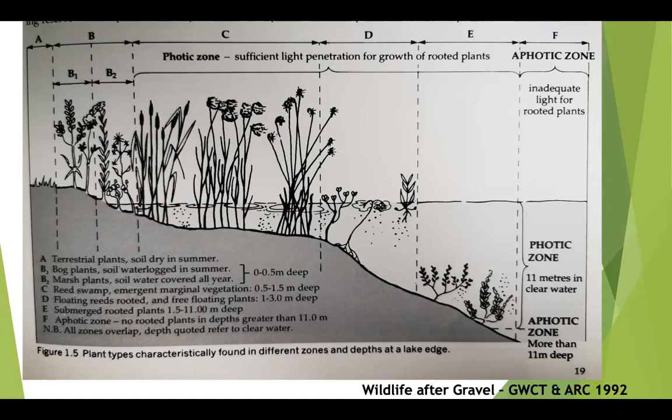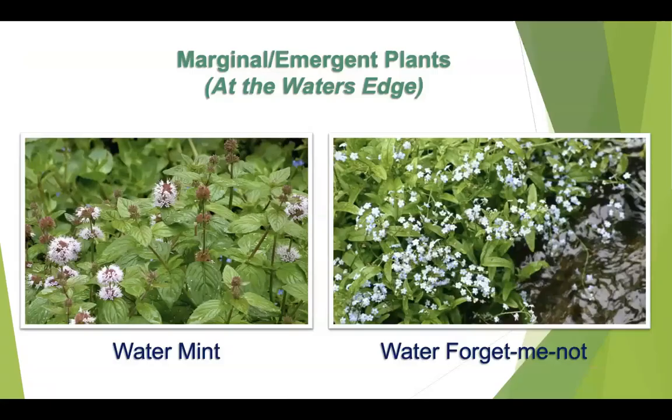But it's a sweeping statement. I'm sure that some of you have got very, very clear gravel pits and the like, and you'll get plant growth going much deeper than that. But generally the limit would be 11 meters. And if I was pulling weed up on fisheries in 10 meters, I'd know I was in very, very clear water. So just an example here of those rough categories that we can expect to see the various forms established in.